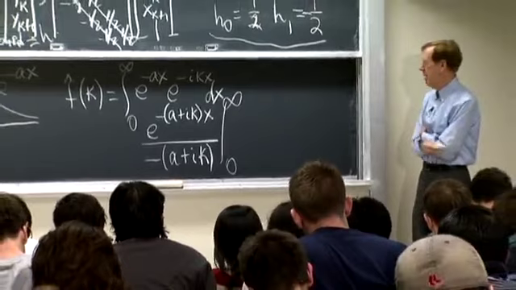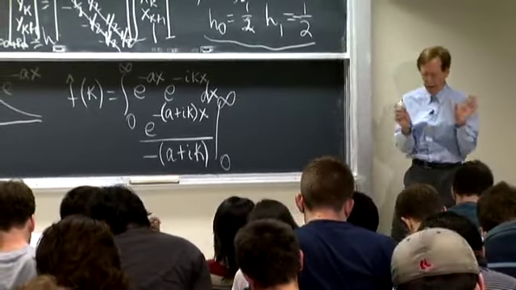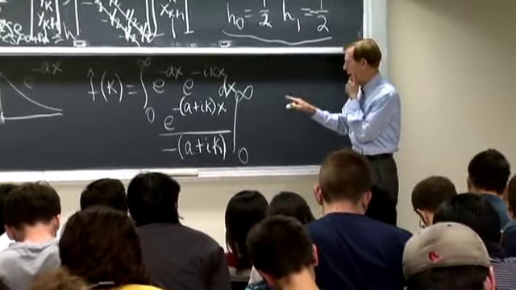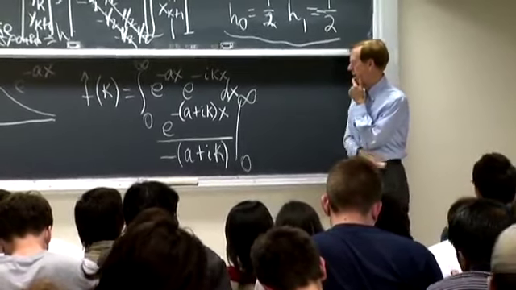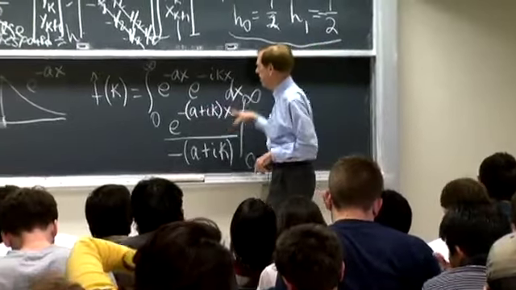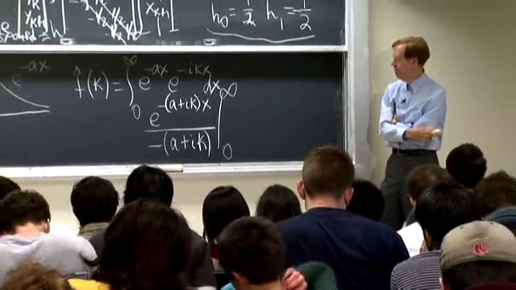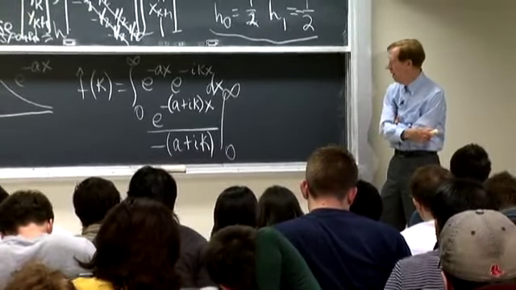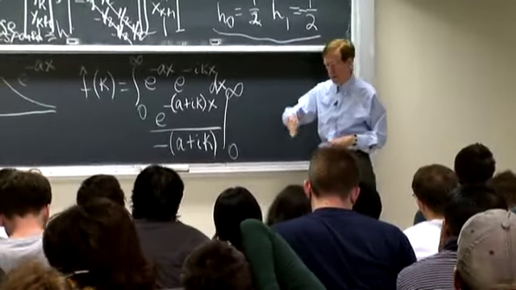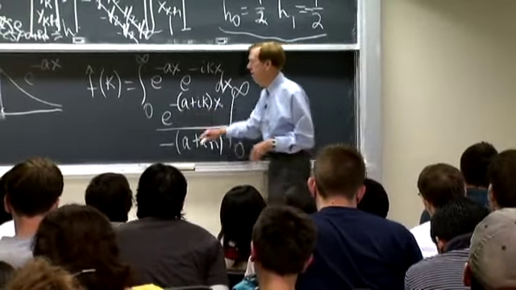And now we have to stick in the limits. And what do I get at the limits? This is a fun part of Fourier integral formulas. What do I get at the upper limit, x equal infinity? If x is very large, what does this thing do? It goes to 0. It's gone. The e to the ikx is oscillating around. It's of size 1. But the e to the minus ax, so I needed a to be positive here.